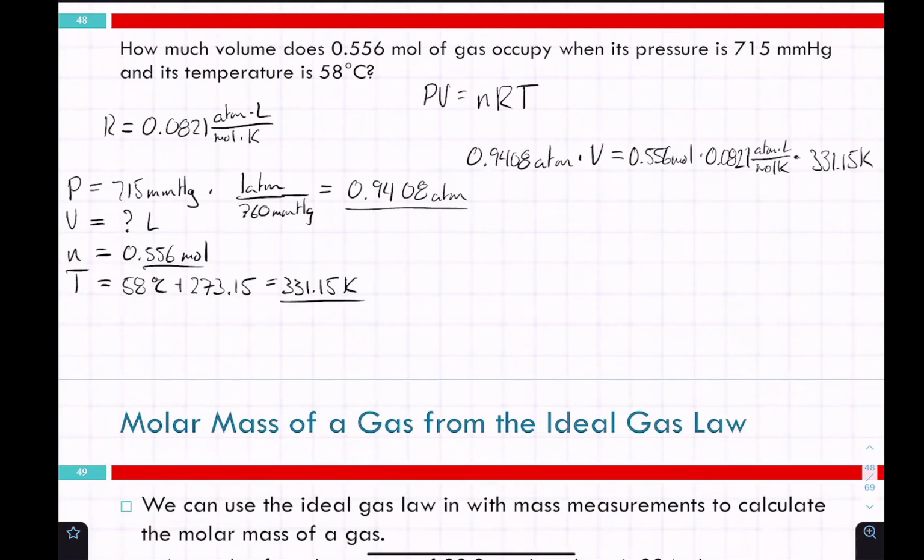So 0.556 times 0.0821 times 331.15, and then divided by 0.9408. The volume is going to be 16.1 liters.